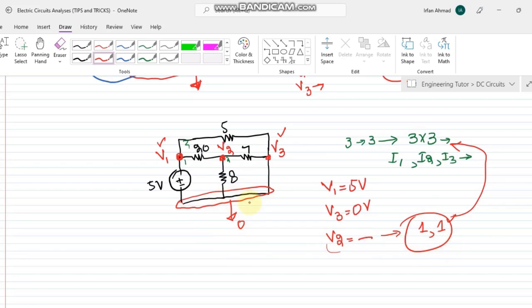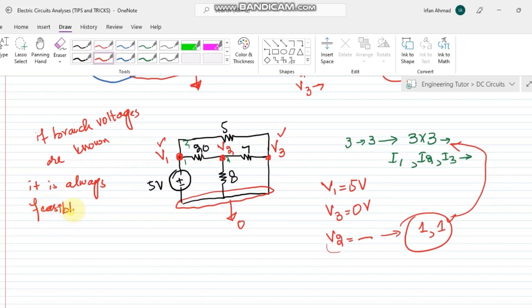So it always depends upon the method which you are going to prefer. If you are given any branch voltage in any circuit, if branch voltages are known, it is always feasible to use nodal analysis.